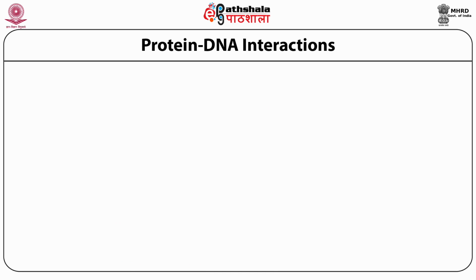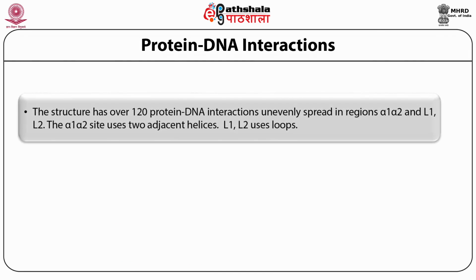Protein DNA interactions. The histone protein has over 120 protein DNA interactions with the DNA which is wrapped around it. And these interactions are unevenly spread in the regions alpha 1, alpha 2 and L1, L2.